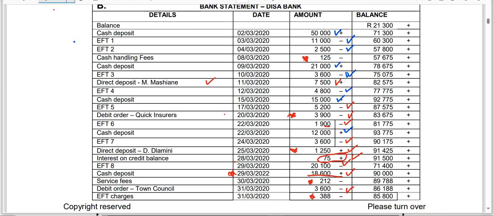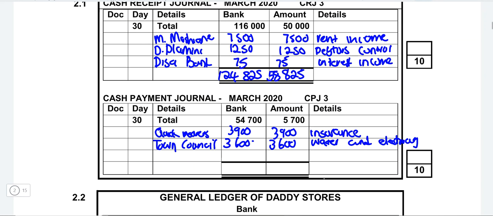If you look at them, your cash handling fee, your service fees, as well as the EFT charges, they are part of our bank charges. So all we need to do is add all of them together and have them as one account.